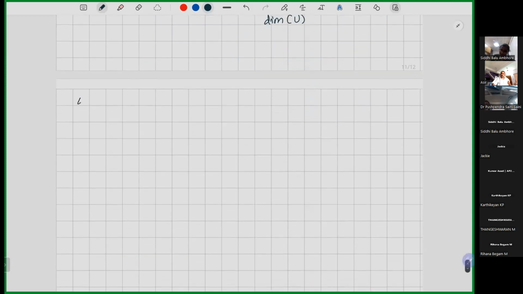And let me write then fourth is that dimension of V by U is dimension of V minus dimension of U, and this is true by the above proposition.